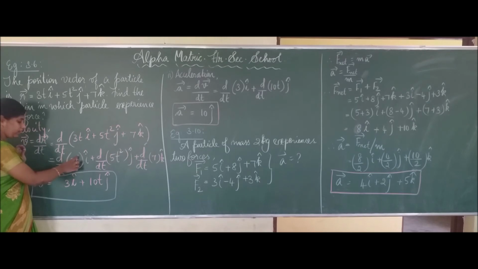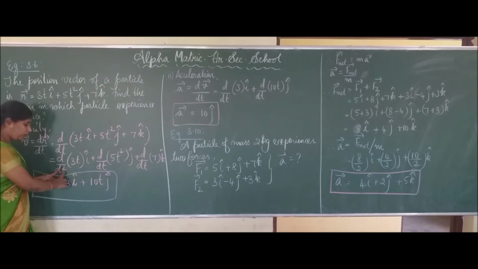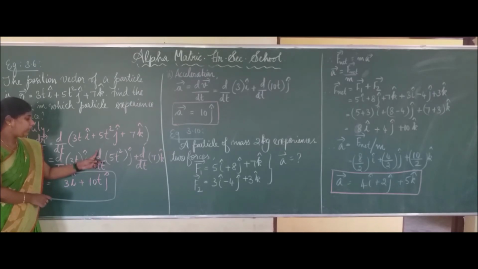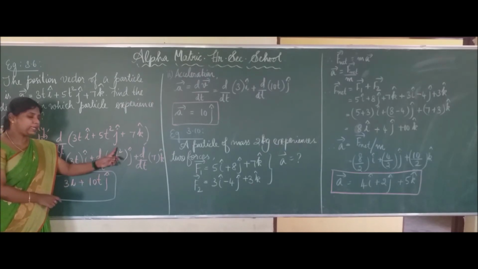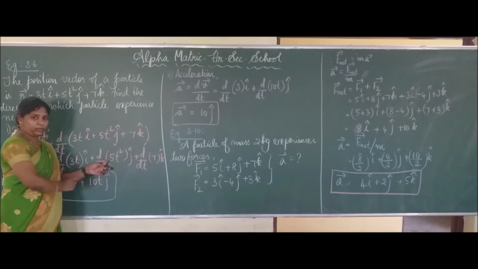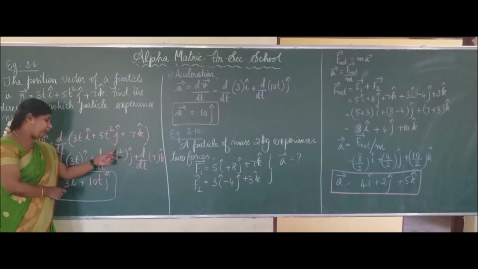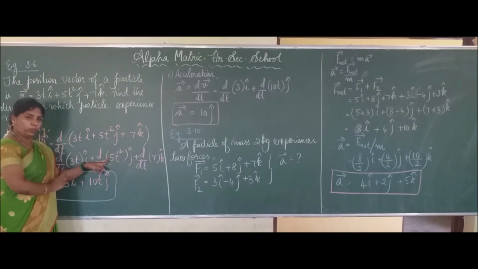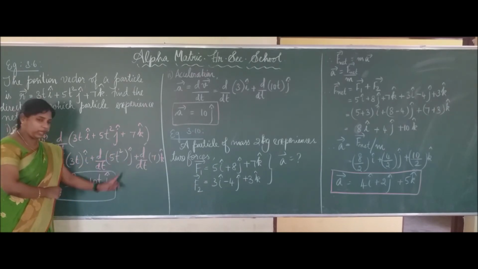So v vector equal to, here, d by dt of 3t i cap. Here t is time, so with respect to time we get only 3 i cap. And the next term is d by dt of 5t square j cap. So now we multiply the 2 and the 5, which becomes 10, and the remaining power is 1, so 10t j cap.